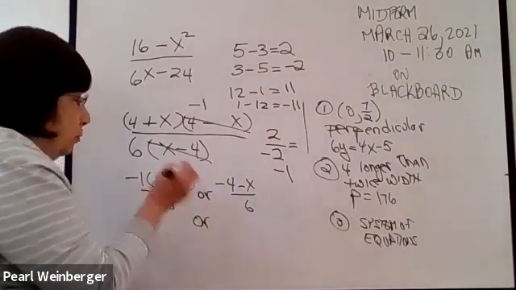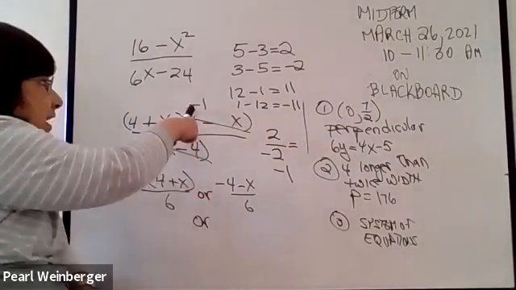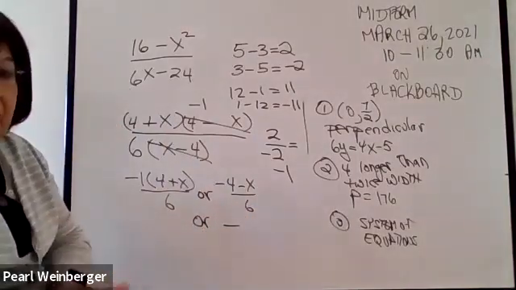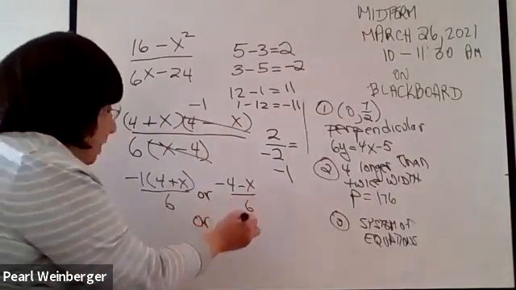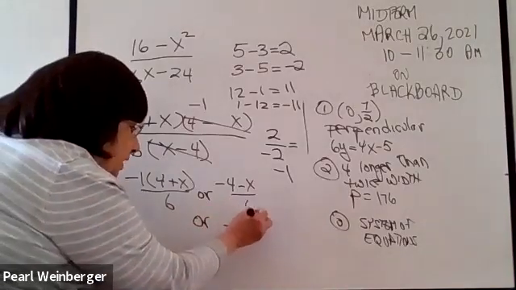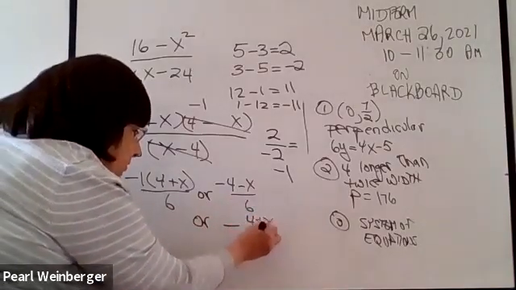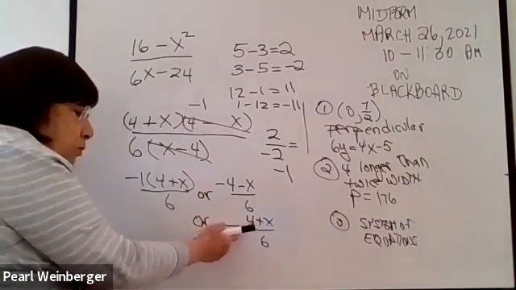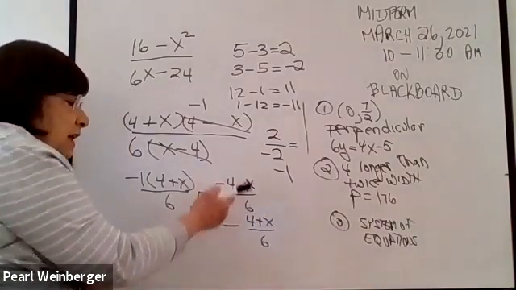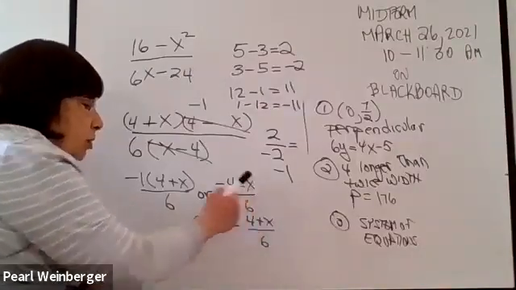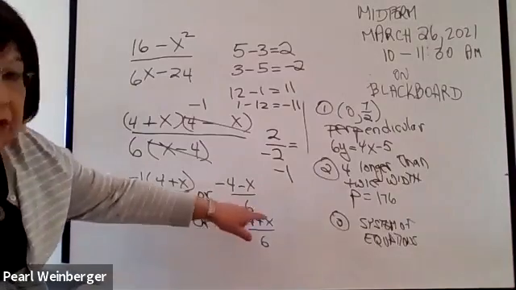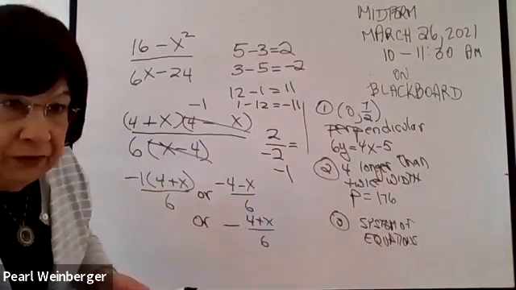Or another way we could have done it is to put the -1 as a negative in front of the whole fraction and write 4 plus x on the top and 6 on the bottom. A negative in front of a parentheses is the same thing as multiplying the whole numerator by -1. The negative goes with the numerator.